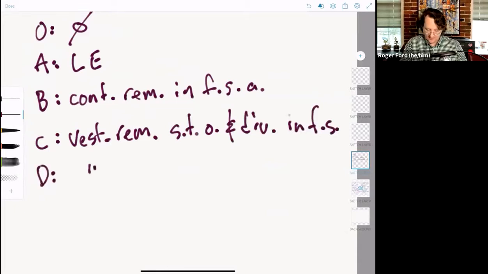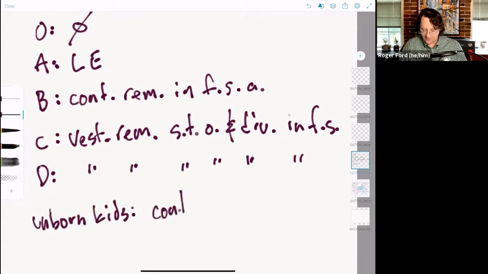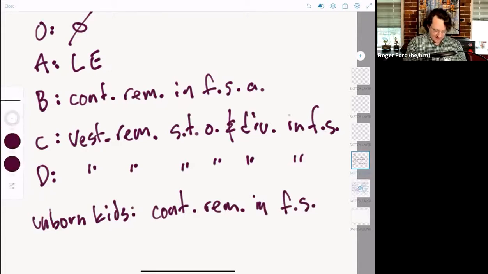D has the same thing. And unborn kids have a contingent remainder in fee simple. So now we've got C dies.